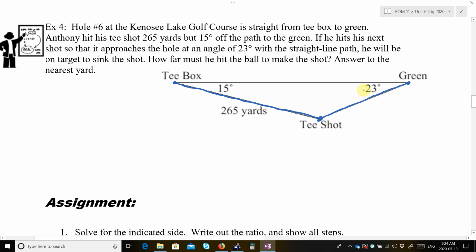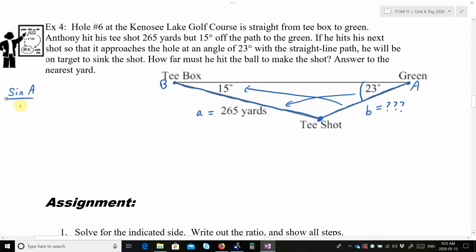So we do have an angle-side relationship, this angle and its opposite side. So we could call this A and this little a. And we do want to figure out this little b distance here. And the angle across from it is this one, so we could call that B, getting back to our traditional letters for the sine law.